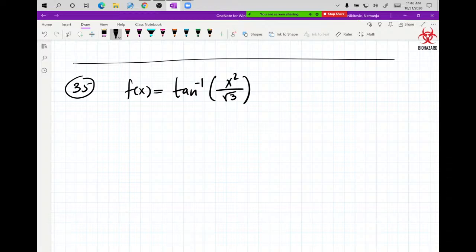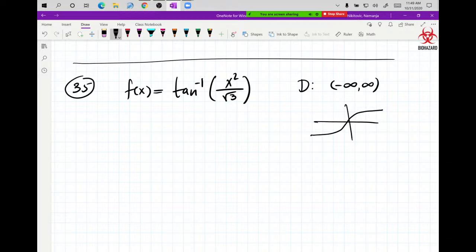Yeah, there it is. What now? Well, domain is clearly -infinity to +infinity. And you're going, what do you mean clearly? Well, for me, it is clear because I know that the graph for inverse tangent is this.